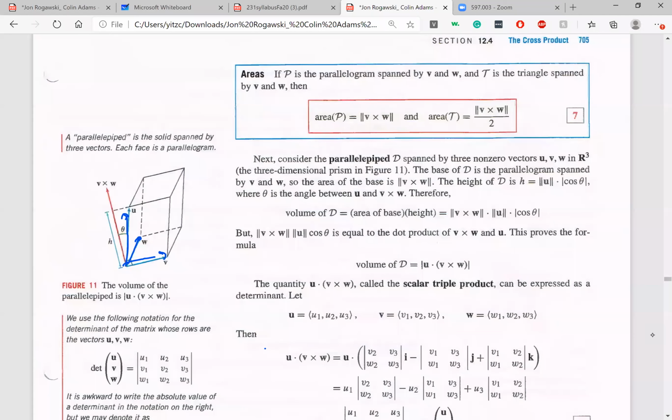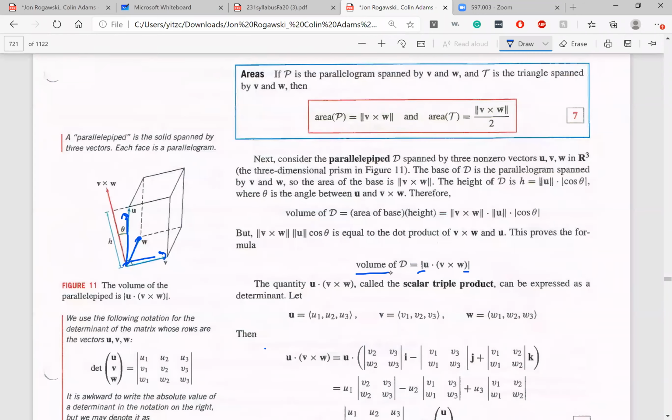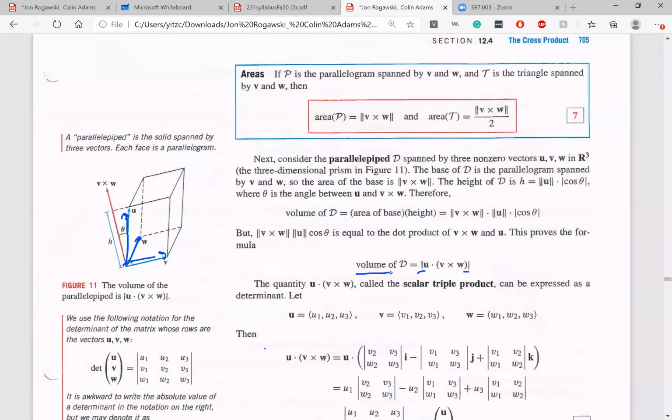So going back here, they take the absolute value just because volumes are positive. But again, like we were talking about before, the volume of this parallelepiped is the area of the base times the height.